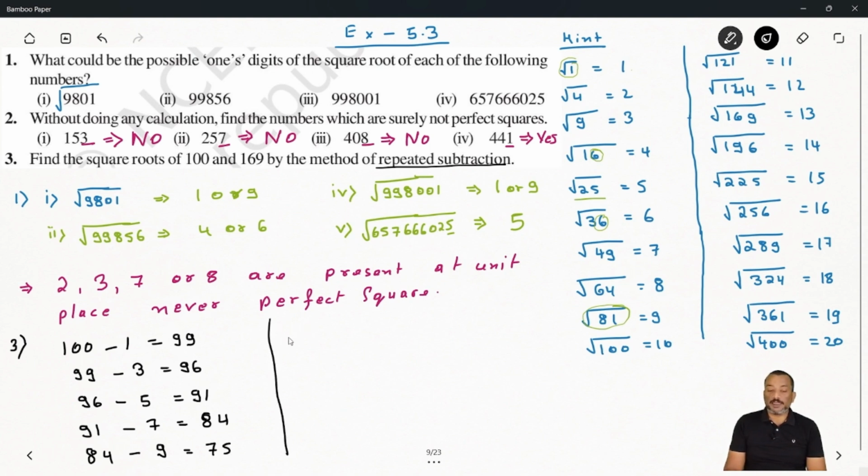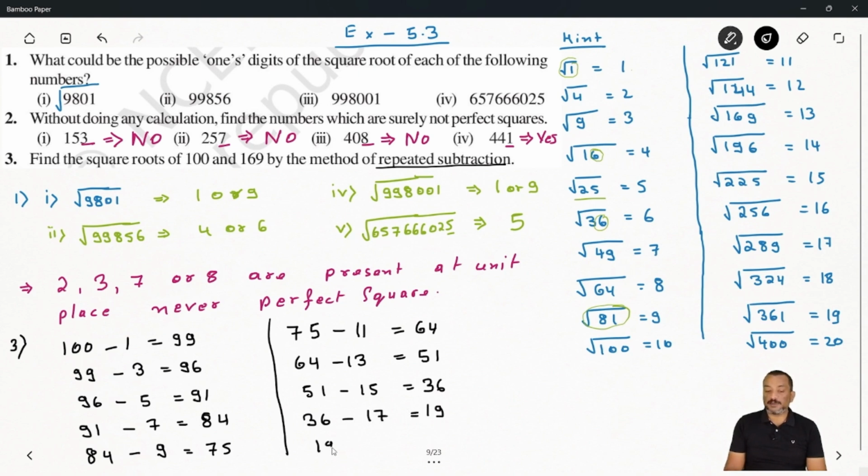From 75 subtract the next odd number 11 and you will get 64. From 64 subtract 13, so you will get 51. From 51 subtract 15, you will get 36. From 36 subtract 17, so you will get 19, and subtracting the next odd number 19, you will get 0.